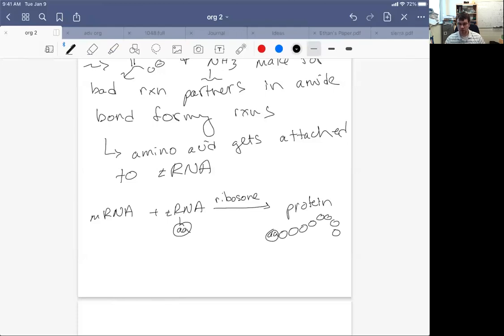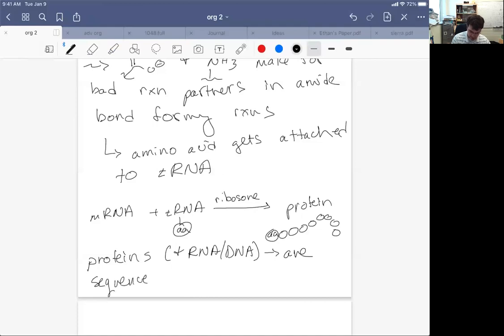Okay, so proteins are an interesting polymer because proteins are a sequence-specific polymer, and really that's true of DNA and RNA. So these are sequence-specific polymers.